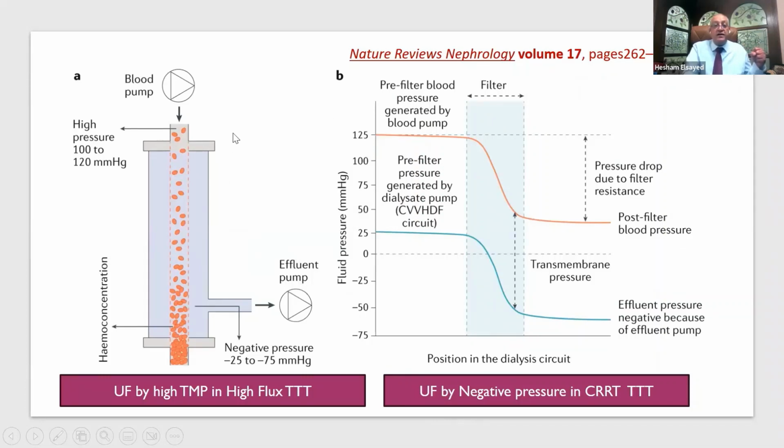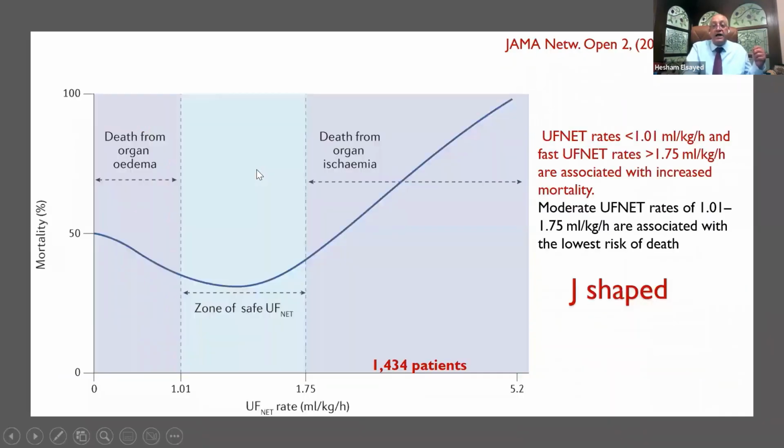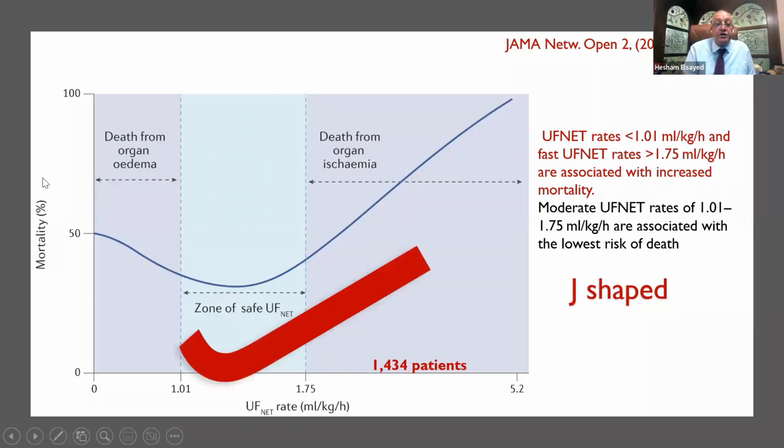And this is the G-shaped curve for ultrafiltration rate. If we are using net ultrafiltration below 1 ml per kg per hour, or fast ultrafiltration net above 1.75, we'll have the risk. This is called a G-shaped curve, because with lower ultrafiltration the patient dies from organ edema, and with higher ultrafiltration the patient dies from organ ischemia.